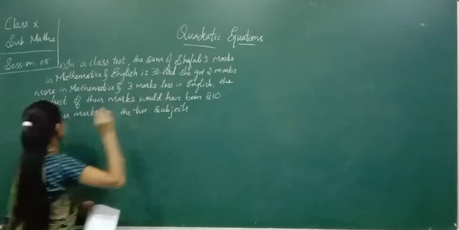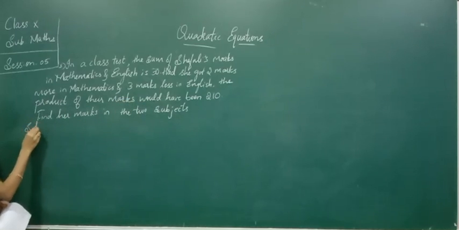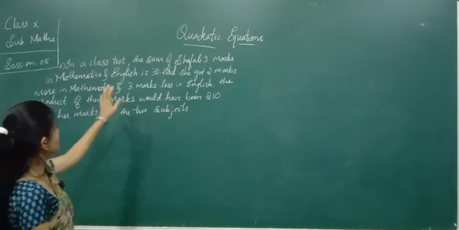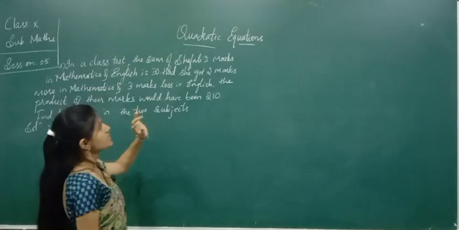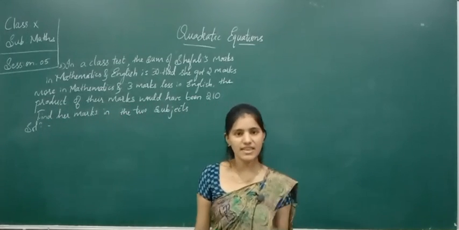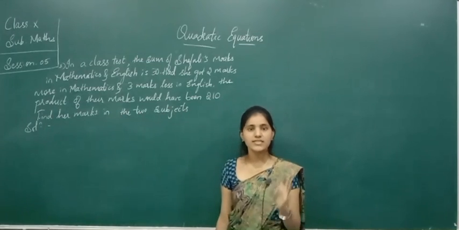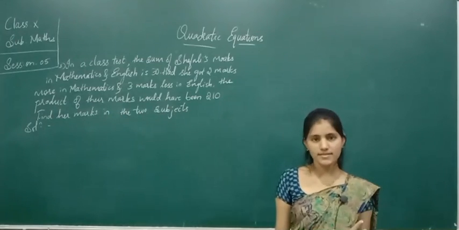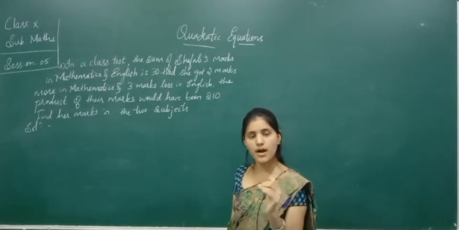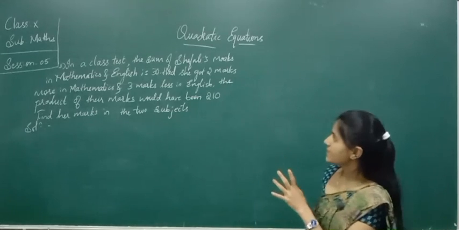Okay, let us start finding her marks. First, let us analyze the given question. What have they given? In a class test, the sum of Shefali's marks in mathematics and English. She has scored in maths and English together, that is, the sum of the marks of maths and English is 30.